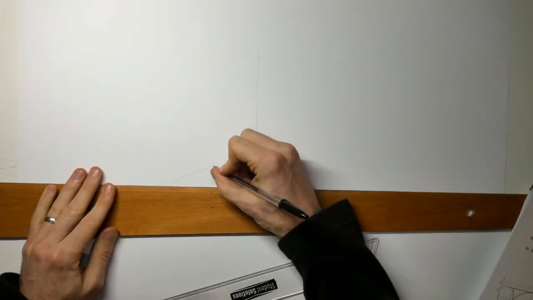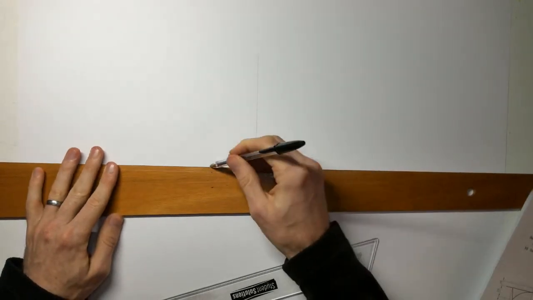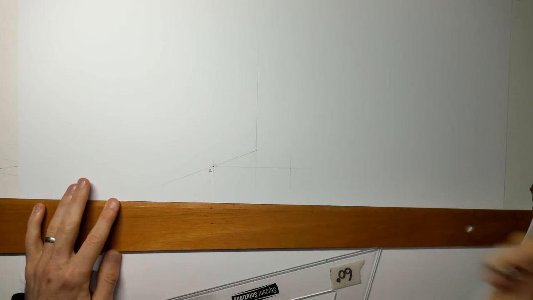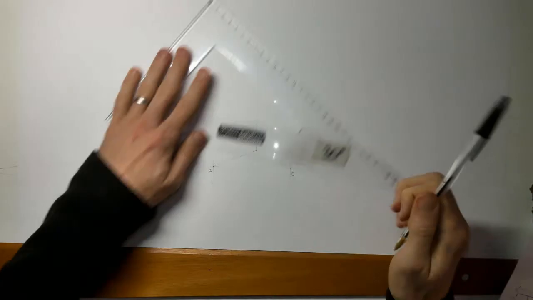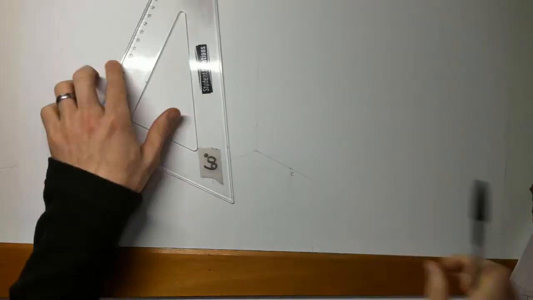And that is going to give me point A, and that is going to give me point C of my scaling triangle, which will in turn find the x-axis.